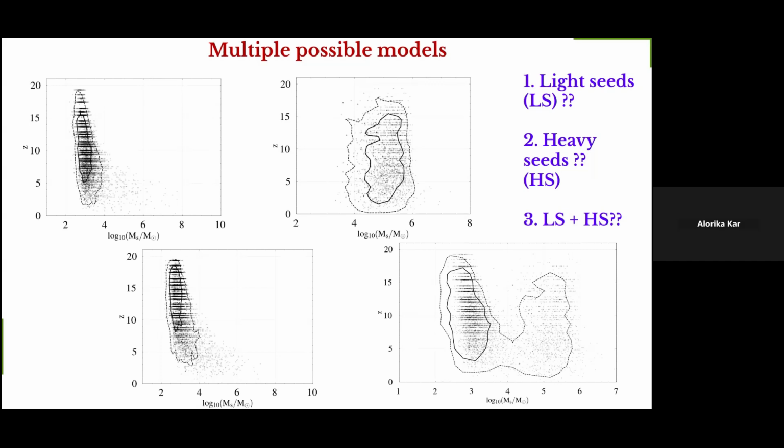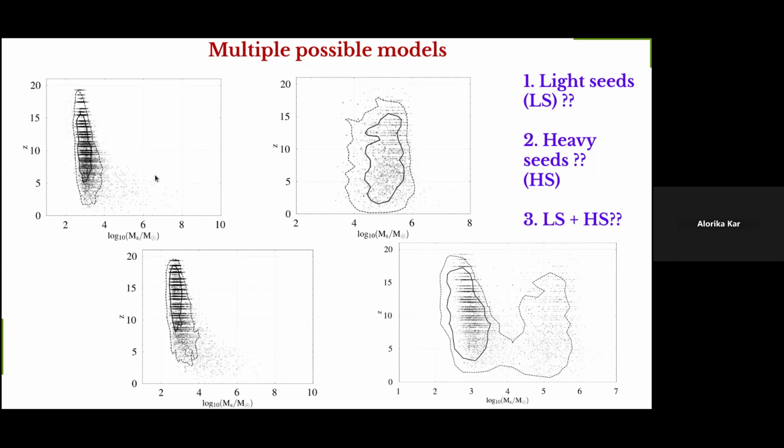As you change some inputs, like how the accretion happened, what the initial mass function of the seeds was, how they merge, what the dynamical friction was, whether they merged at all or stopped at some distance, that gives rise to a variety of models.